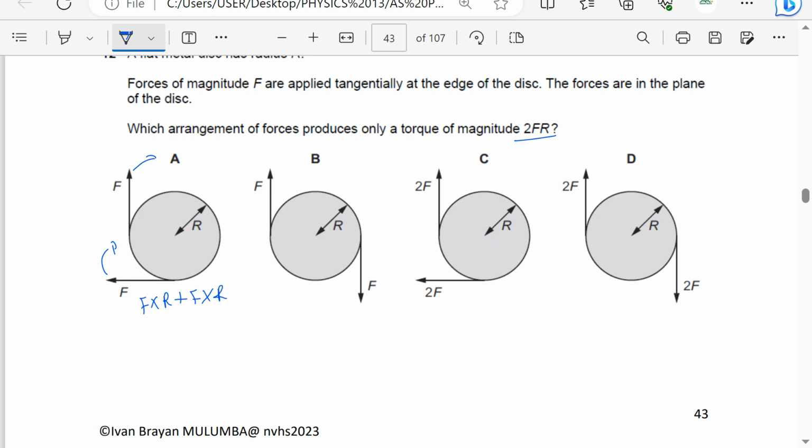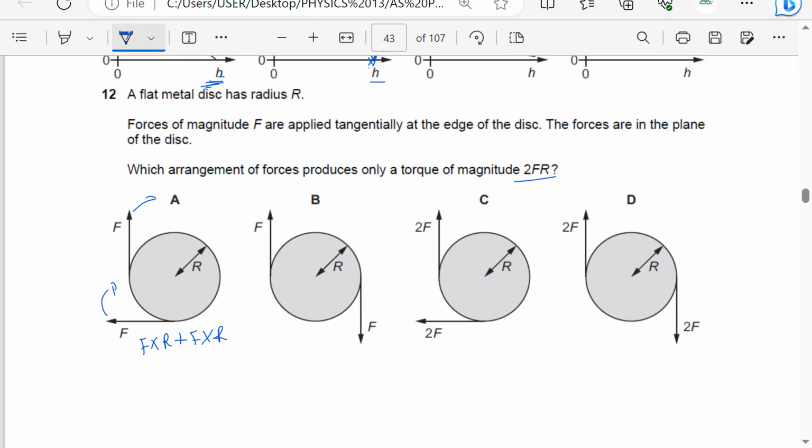So which arrangement of forces produces only a torque of magnitude 2Fr? A flat disk has radius r. Forces of magnitude F are applied tangentially to the disk. Okay, so this is causing that rotation.